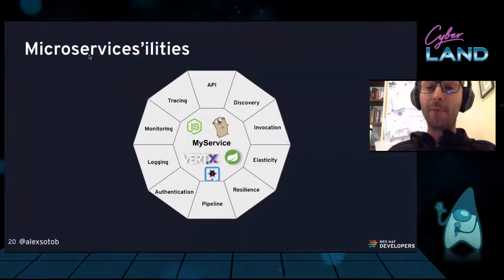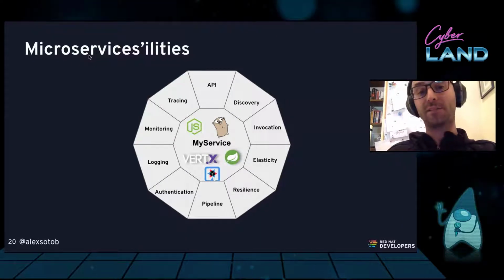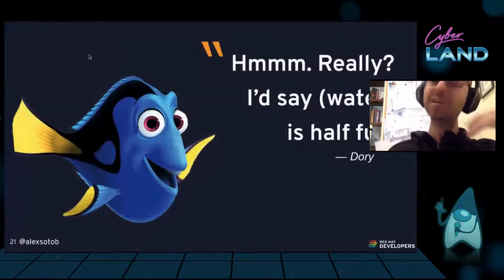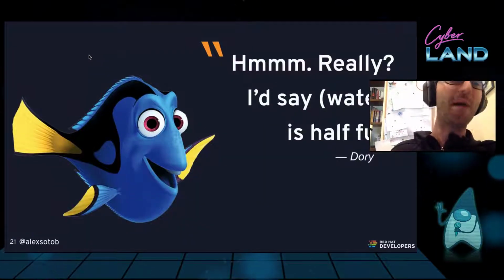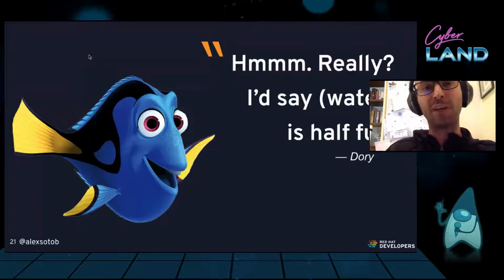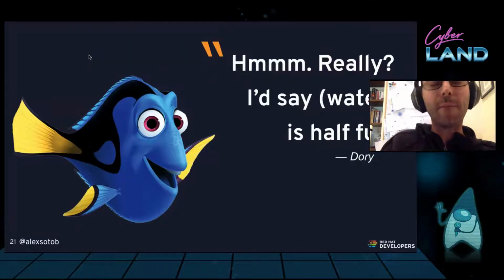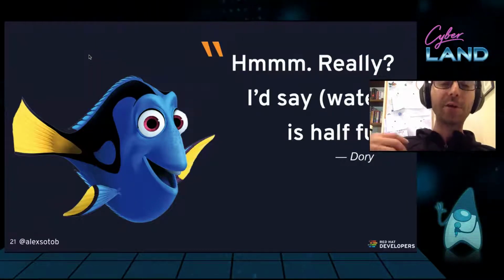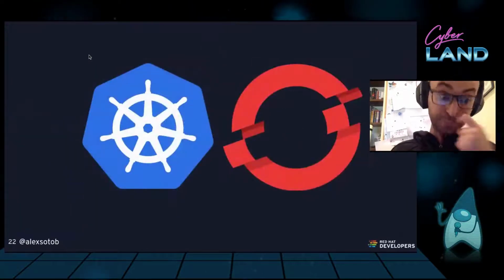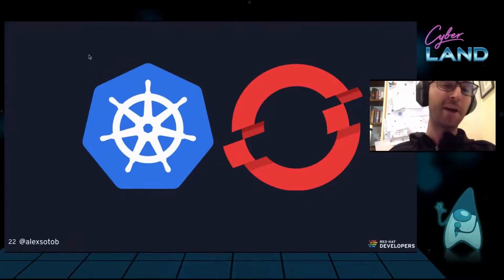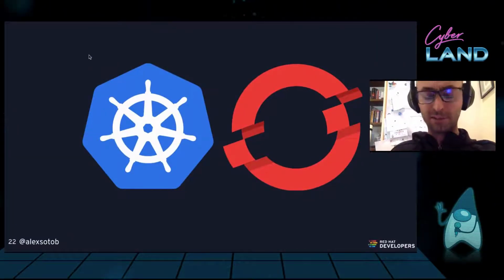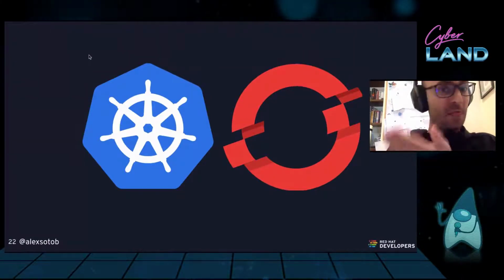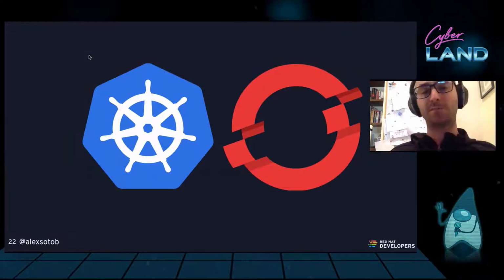So as you can see, because of microservices, now we need to take care of all these concepts as well. You can think that this is really a problem, because now we need to take care of a lot more things. But you can also think that it's an opportunity to start doing things in the right way. And probably if you're using Kubernetes or OpenShift, which at the end is Kubernetes for enterprises, then some of these concepts are already covered.